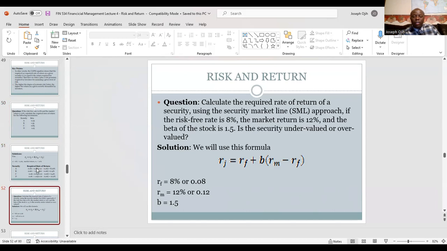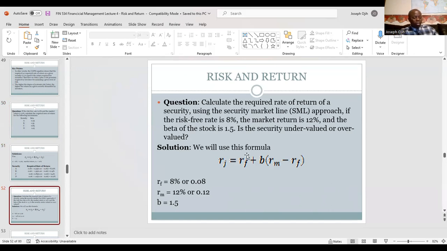Okay, let's look at this one. It says, calculate the required rate of return of a security using the security market line approach, if the risk-free rate is 8%, market return is 12%, and the beta of the stock is 1.5. Then they ask you, is the security undervalued or overvalued?